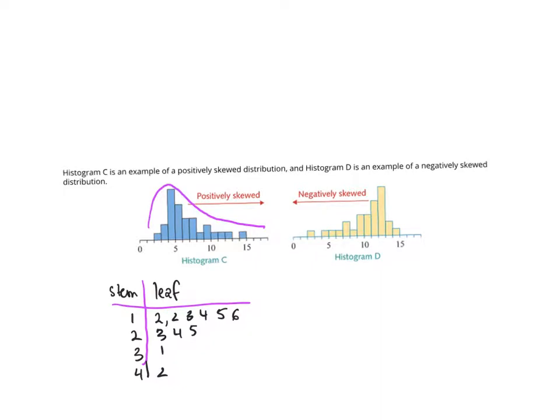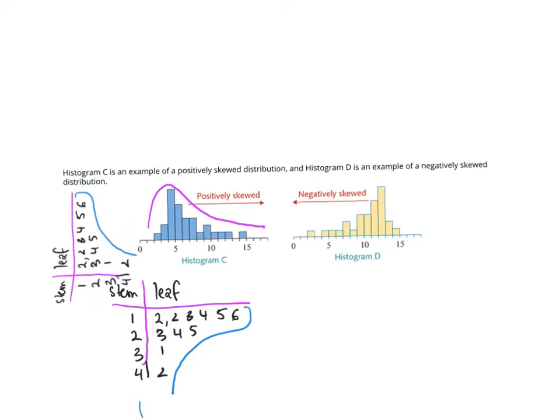So you have a lot at the start and then it tails off. If I took this image and flipped it round, you can see that it would look like a positive skewed histogram. So that's a positive skewed.